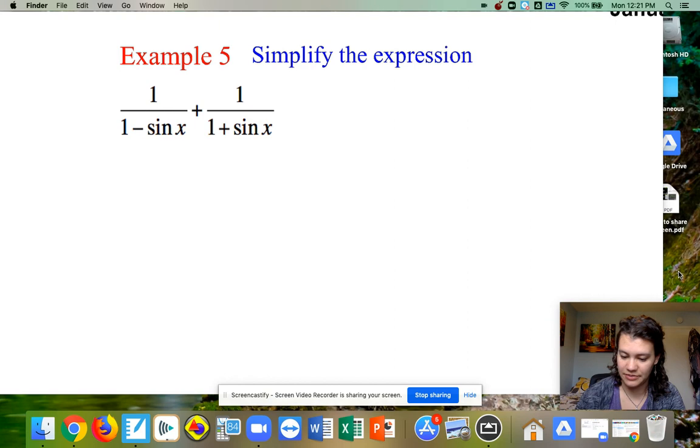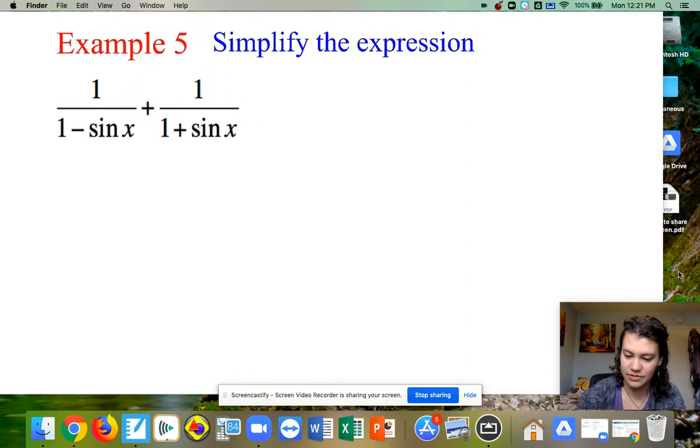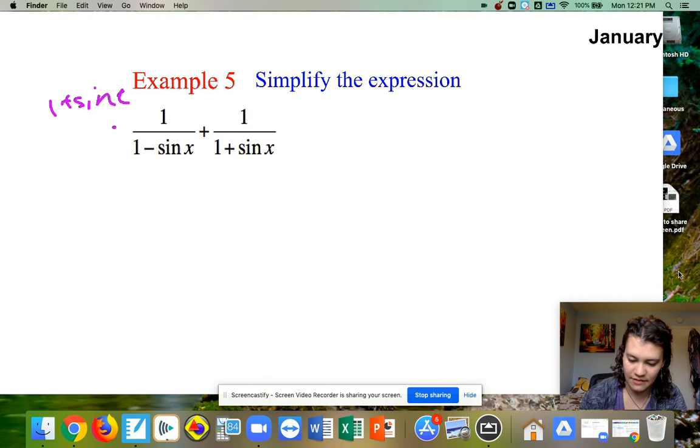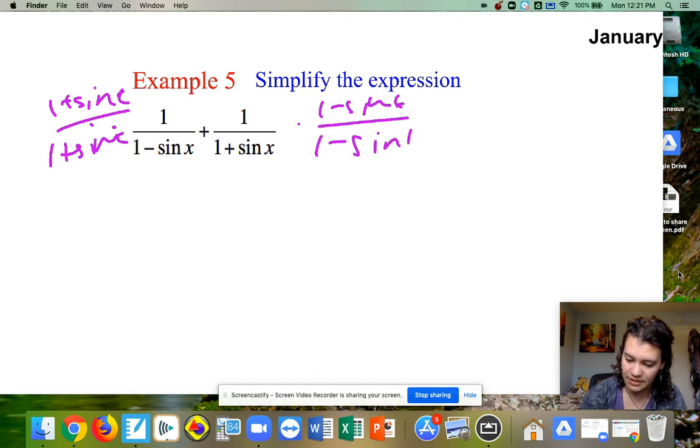Last example here is going to be the same idea. We want to find a common denominator first. So I'm going to multiply over here by 1 plus sine of t over 1 plus sine of t, and this one by 1 minus sine of t over 1 minus sine of t.